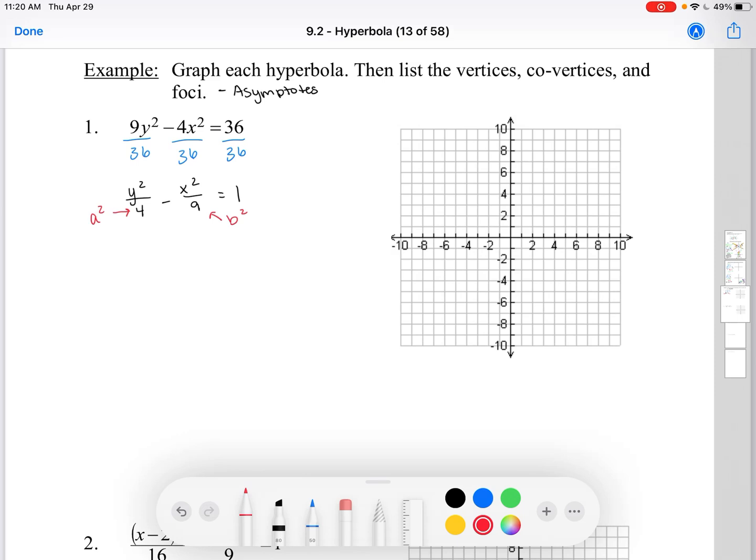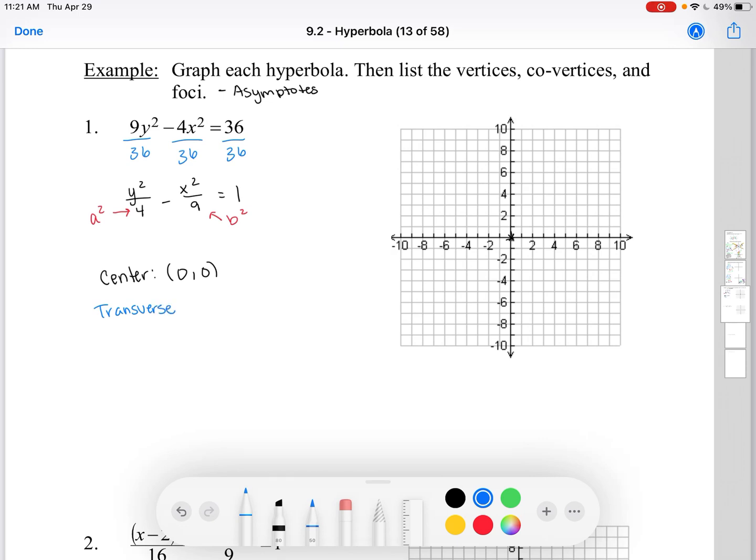So let's go ahead and figure out my key features. I have a center point, how it is shifting by h and k, and unfortunately I don't have an h or a k, so my center is going to be at the origin, 0, 0. My vertices, once I know something, let's go ahead and put it on my graph. My vertices are going to be along the y-axis.